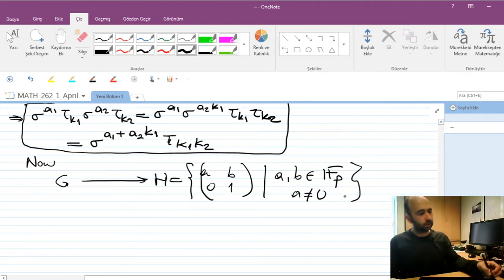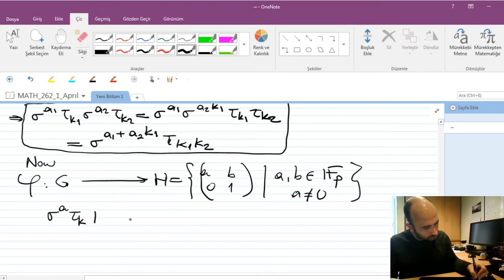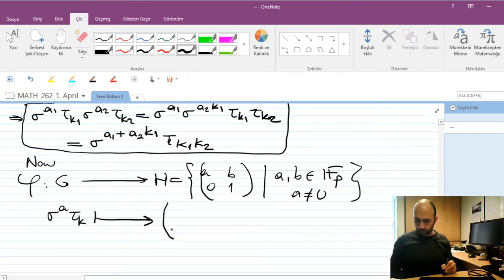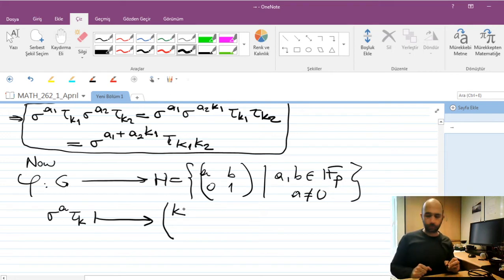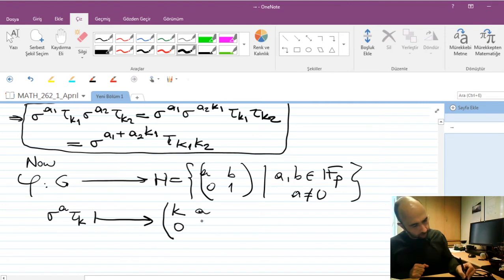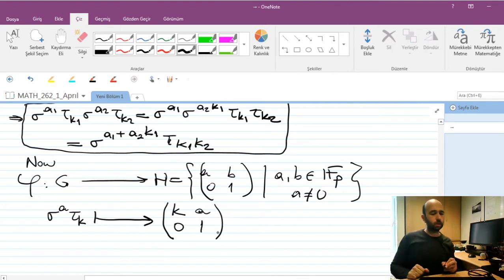Let's write this isomorphism quite explicitly. It will take sigma to the A tau_k to, okay, I have to be a little bit careful. So this k will go right here, this power A will go right here, and 0, 1. Now I claim that this is an isomorphism of the mentioned groups.